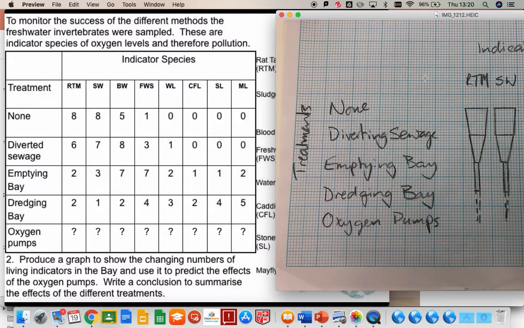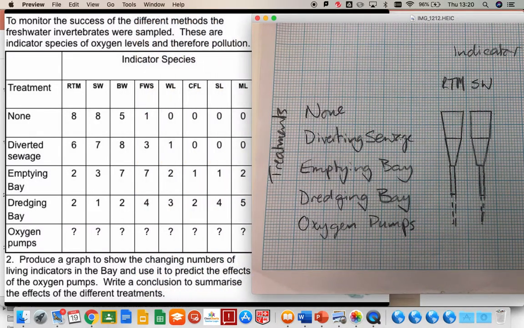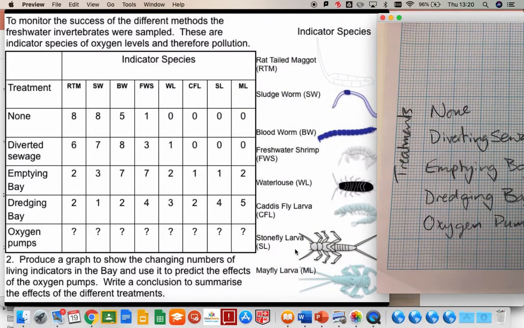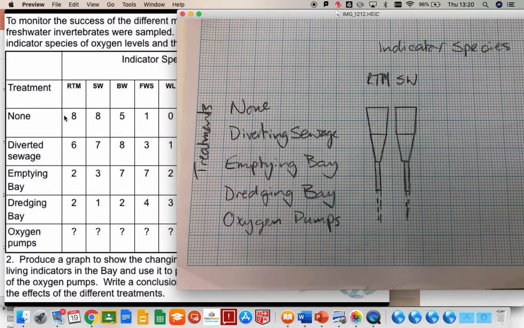I've got my different indicator species. I've just done 2 of them so far, but you've got all of them, and they refer to the animals that you've got here. When there was no treatment, there were 8 of these found. So I've done 8, and I've taken this central line and counted 4 either side of it and just drawn a bar there. Diverted sewage, it was down to 6. I've gone 3 either side there, and so on.